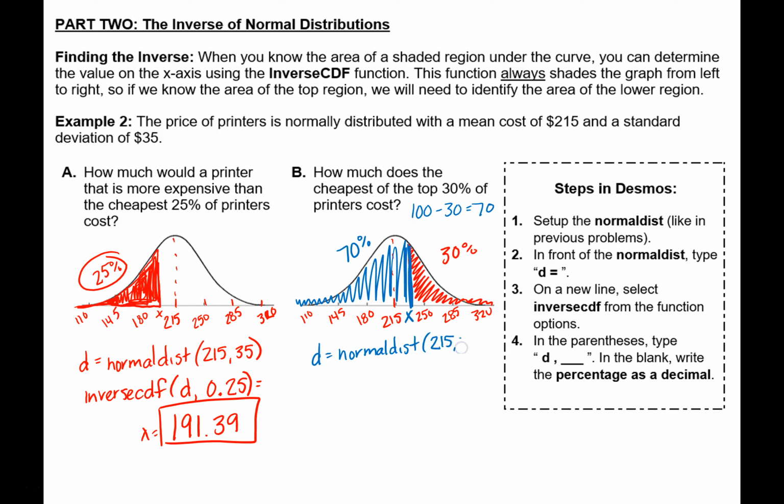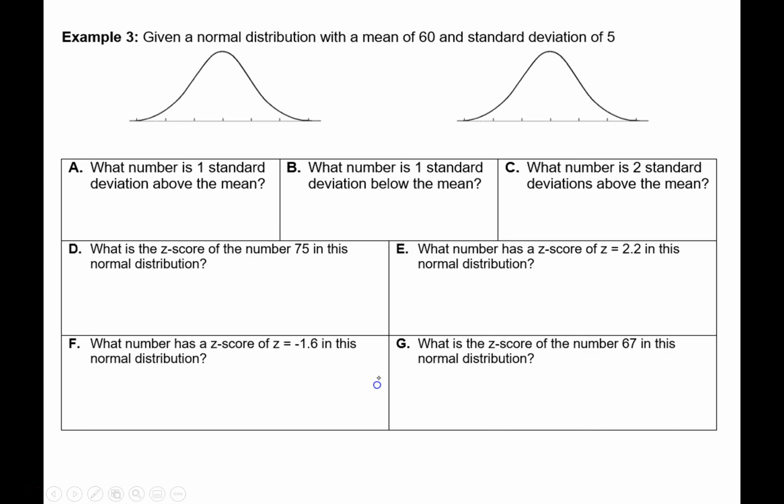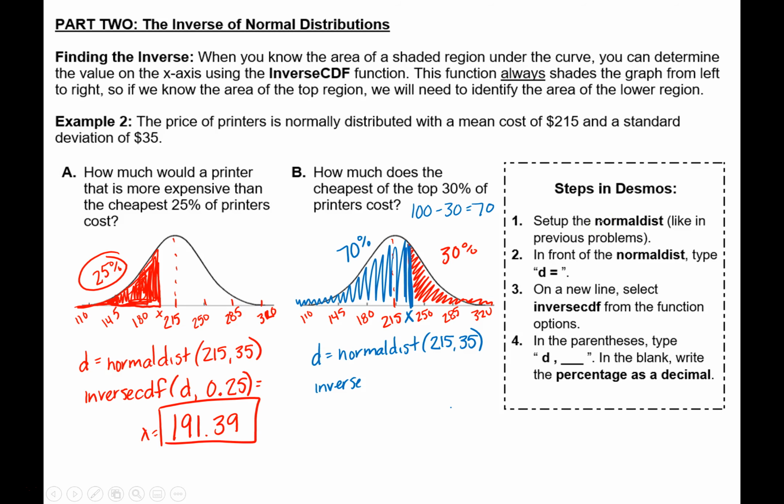I've got the same mean and standard deviation here. When I do my inverse CDF, though, for my percentage, I'm going to put the 0.7, or the 70%. That is going to tell me what the x value is for that spot that we're looking for.